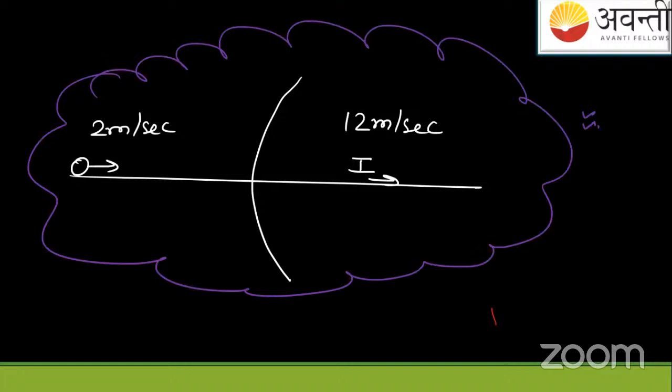Clear, students? I think it's clear. 2 meter per second and 12 meter per second. It is clear? Okay, let us move towards the next.